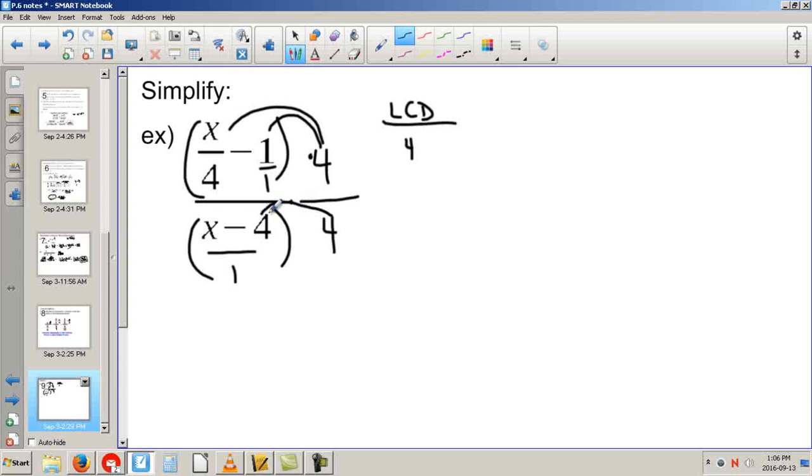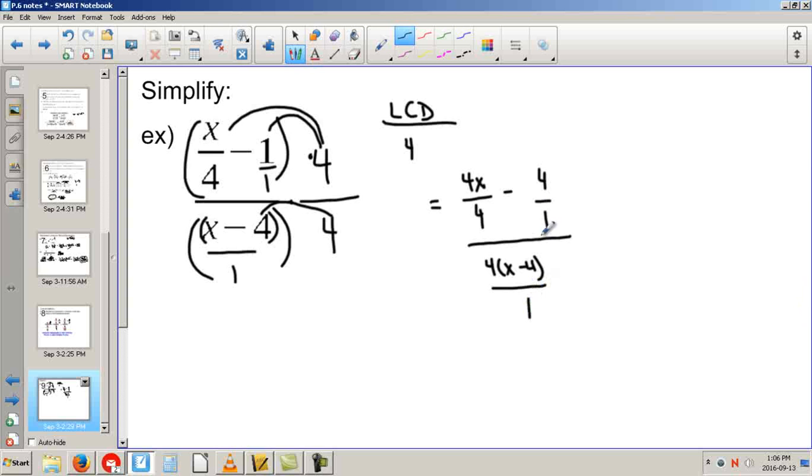And in order to distribute down here, I need parentheses. So on top, what is x times 4? The answer to that would be 4x, it's still over 4, minus 4, still over 1, all over 4 times x minus 4, all over 1.